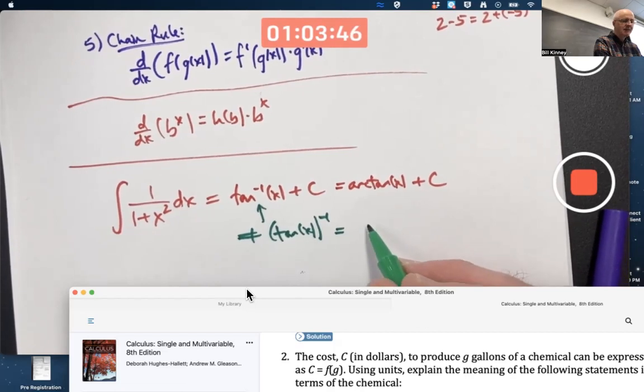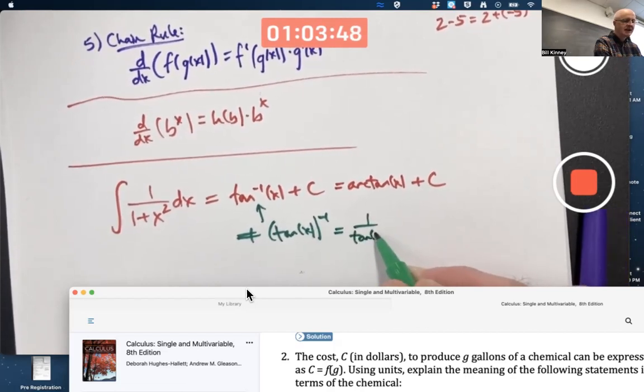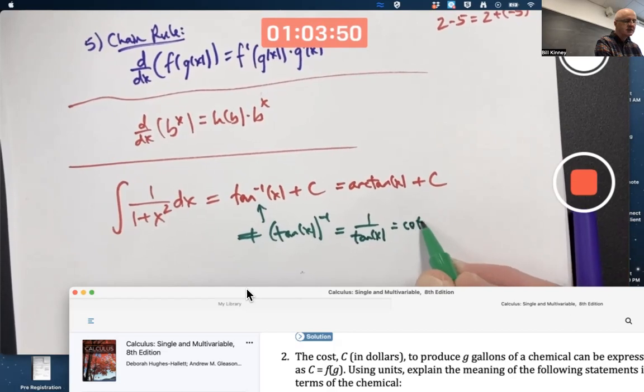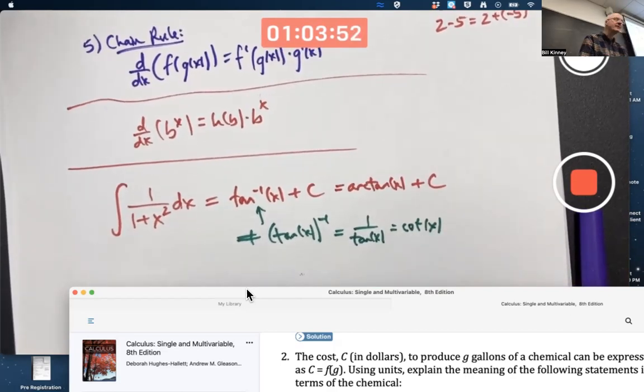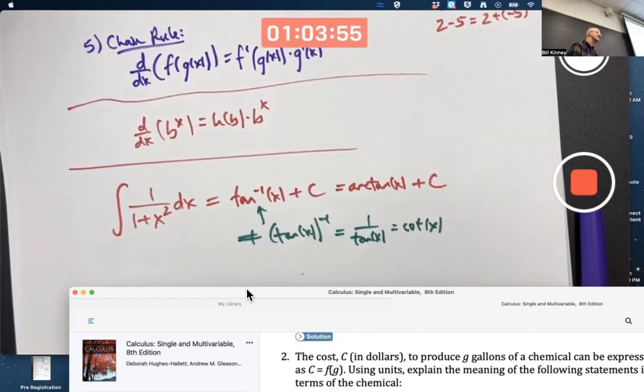Tangent of x to the negative 1 power is 1 over tangent of x, which is the cotangent function. And it's a different function than the inverse tangent function. It's not a negative 1 power. It's an inverse function symbol. You got to know from the context and from usage what it means.